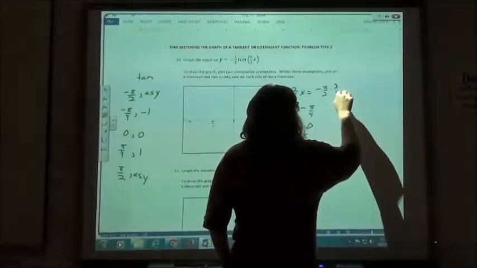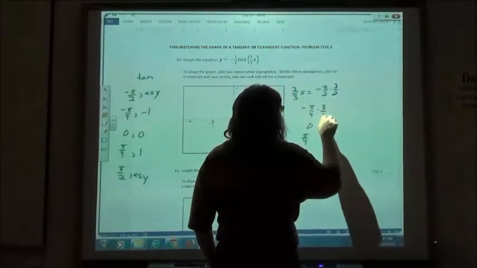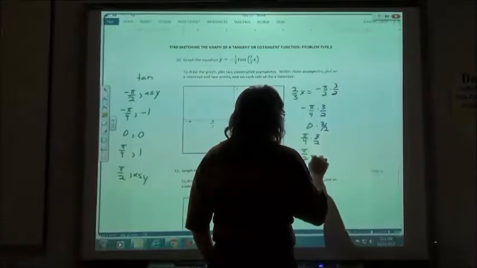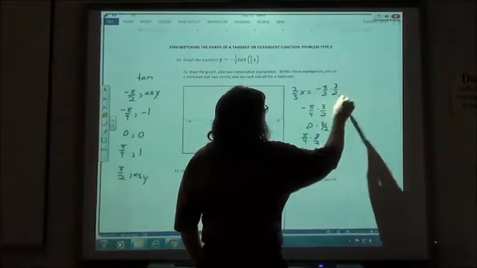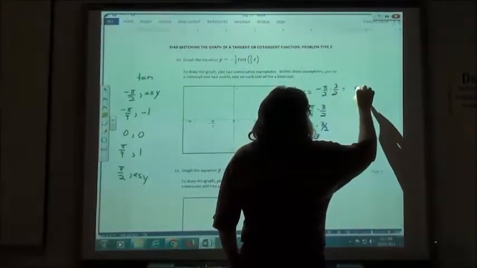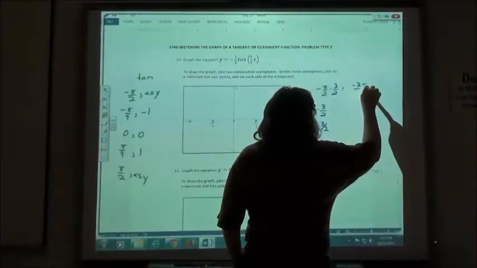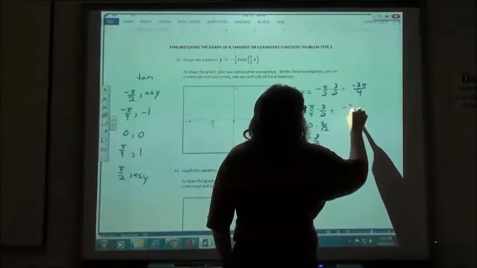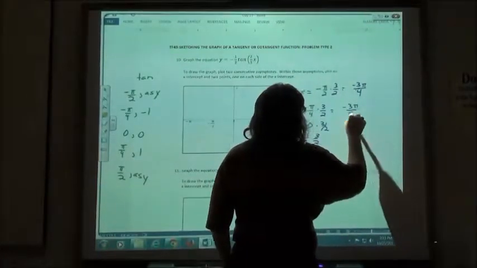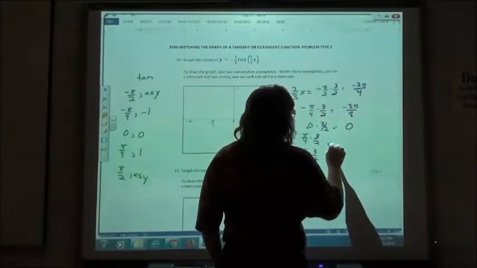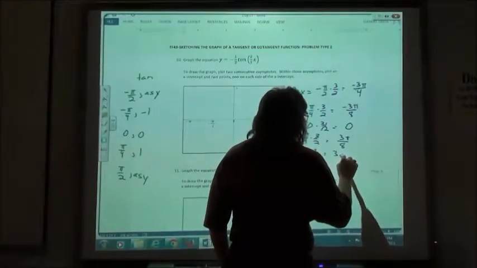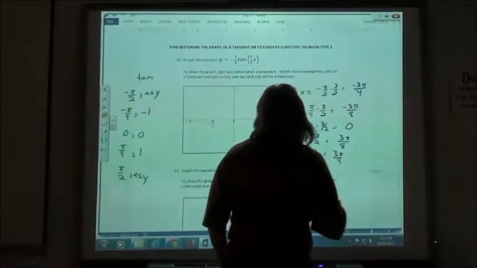So I'm going to multiply each of these by 3/2. This is going to give me negative 3 pi over 4. This is going to give me negative 3 pi over 8. This is going to give me 0. This is 3 pi over 8. And this is 3 pi over 4.